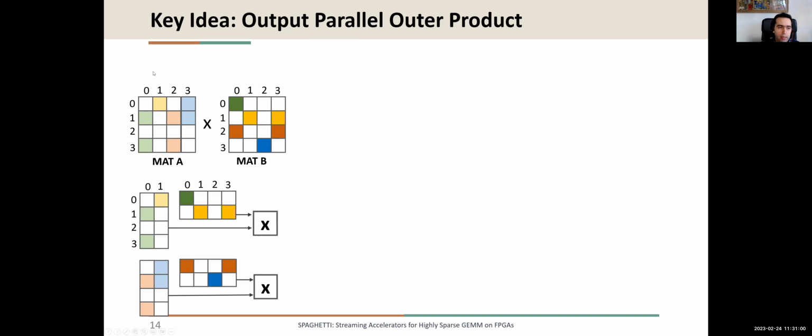So I send the first two pairs of column and rows, column 0, 1, row 0, 1 to the first multiplier. And then the third and fourth columns and rows, 2 and 3, 2 and 3 to the second multiplier. So this is okay, because the multiplication phase in outer product is highly parallelizable. Every pair of column and row is independent from the others, right?